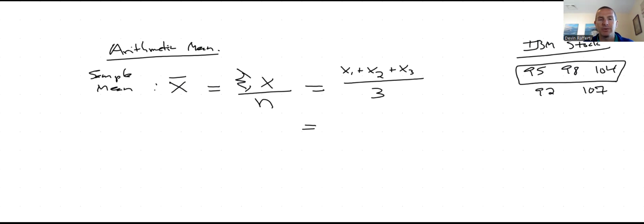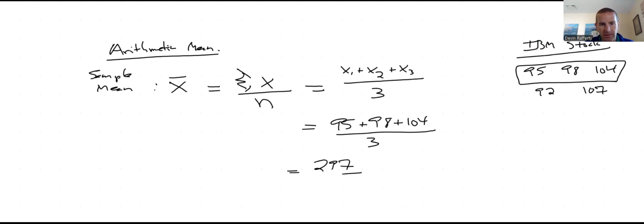So I have Monday, Tuesday, Wednesday. I have 95, 98, 104. So 95 plus 98 plus 104 divided by 3. And this gives us 297 divided by 3.